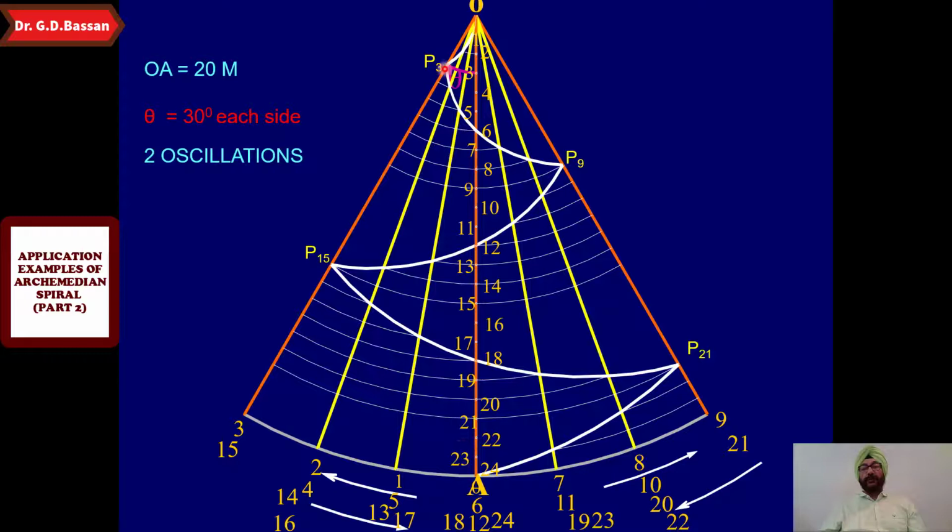So this is how, by joining all these points with a smooth curve, we get the Archimedes spiral of the given data. When the monkey slides downward with the rope moving 30 degrees on either side, the path would be like this. So this is how we can draw practical examples related to the Archimedes spiral.